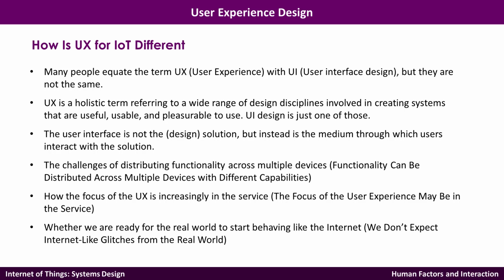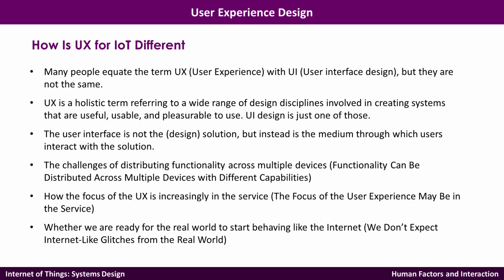In IoT systems development, we face the challenge of distributing functionalities across different devices. In traditional web and mobile development environments, we also had to make decisions on what processing needs to happen on the cloud and what processing would happen on the phone. But most of the time the user interactions would happen between the mobile phone or tablet and the user.